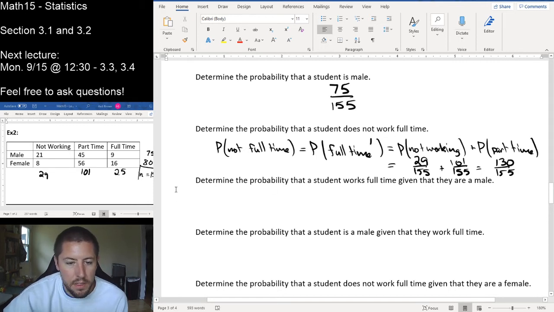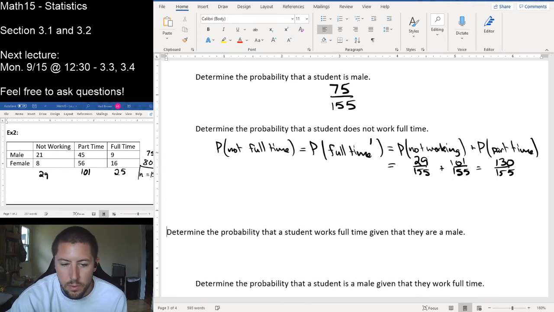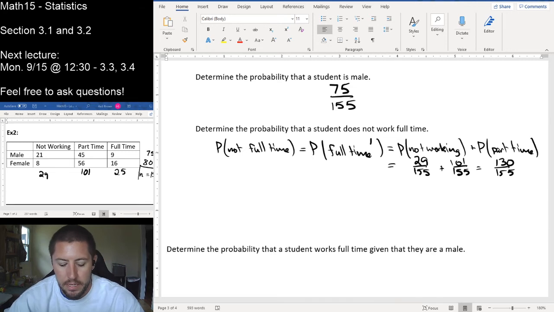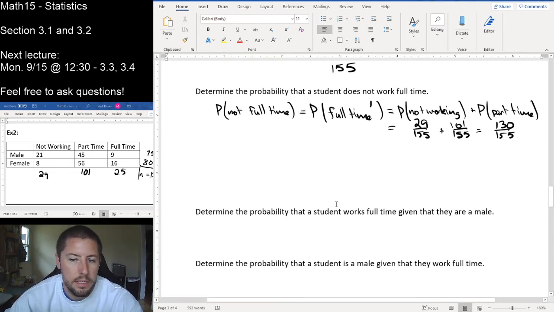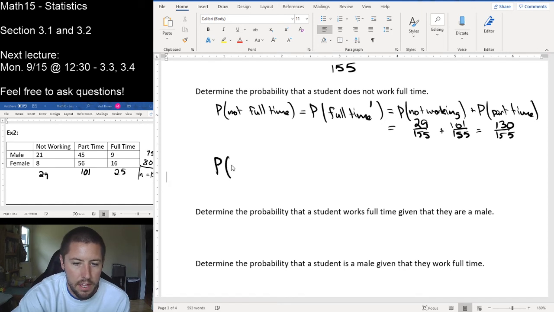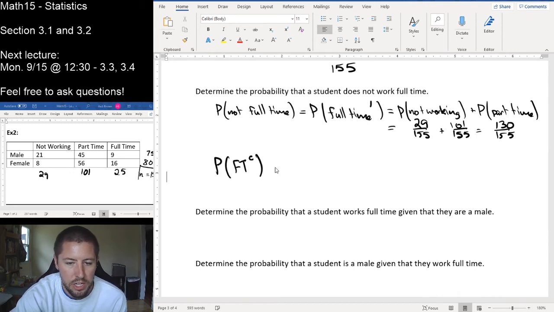Now, I think the important thing here is to realize that we could have done this one a little bit smarter. So let's recognize what we can do with this complementary probability. Since there is a 100% chance that you either work full time or you don't, I could instead flip this around and say the probability of the complement of full time, FT, should be all of the probability that's not associated with being full time.